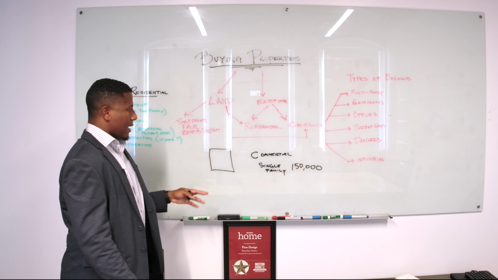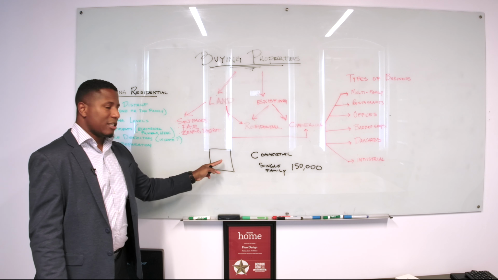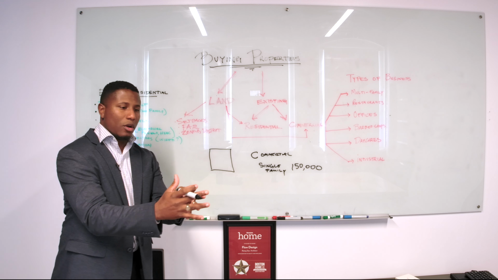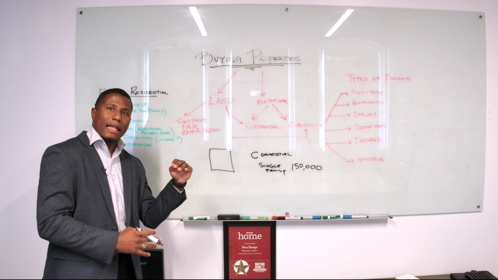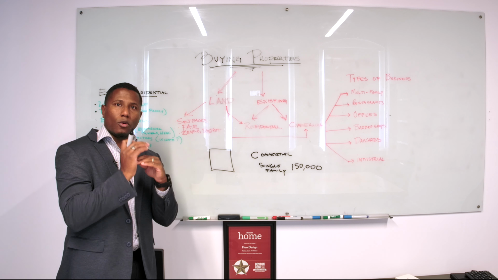It's important that you understand the concept of fire separation. The code specifies that each unit needs to be independent. So if there is a fire on the first floor, that fire cannot transfer to the second floor unit.